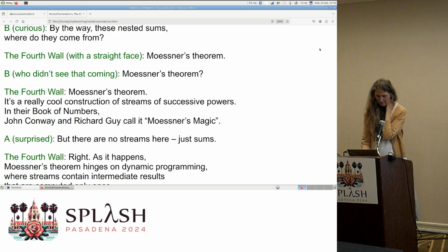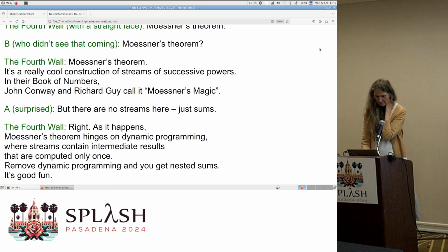By the way, these nested sums, where do they come from? Mazur's theorem. It's a really cool construction of streams of successive powers in their book of numbers.